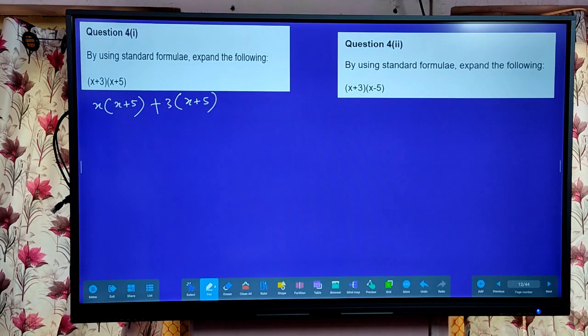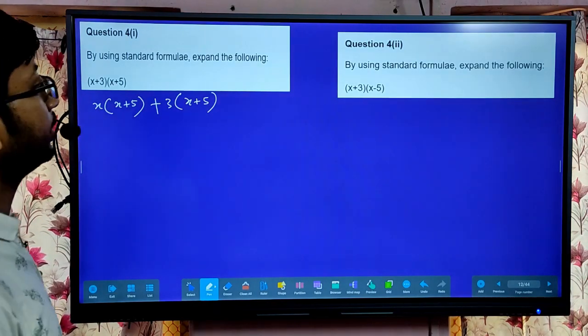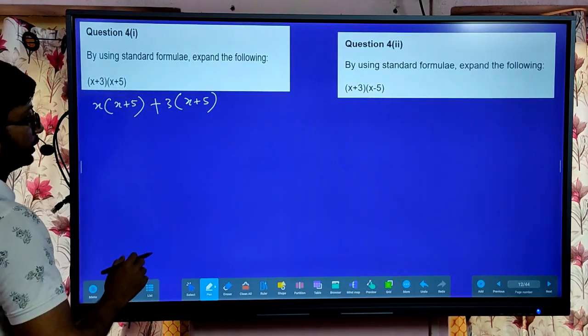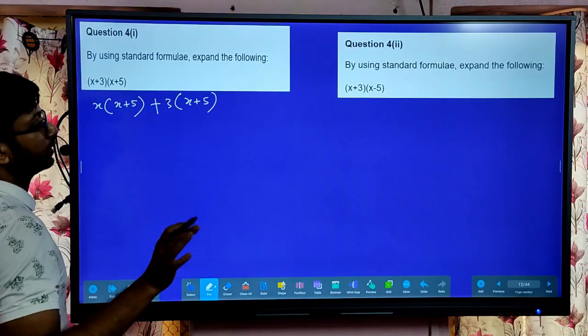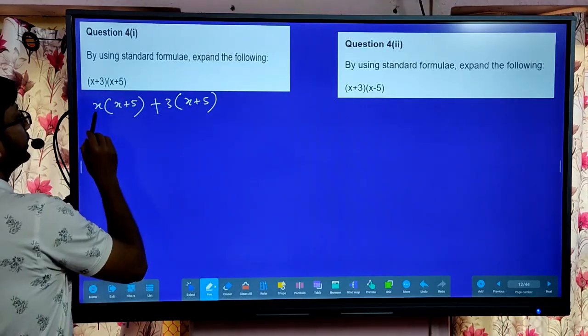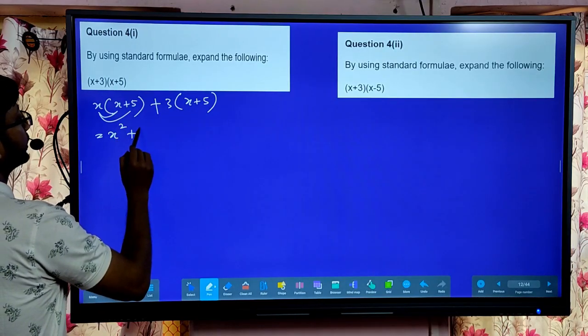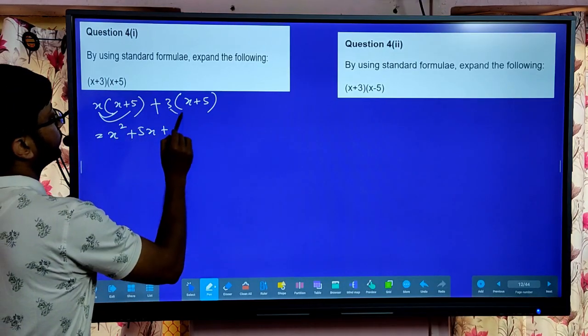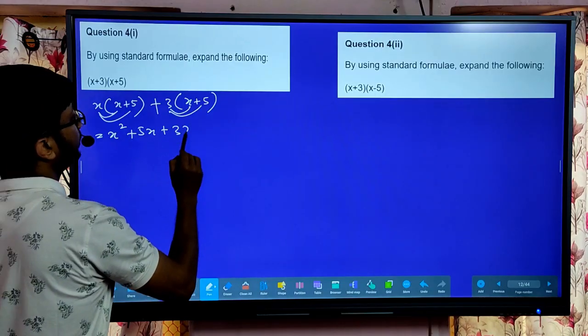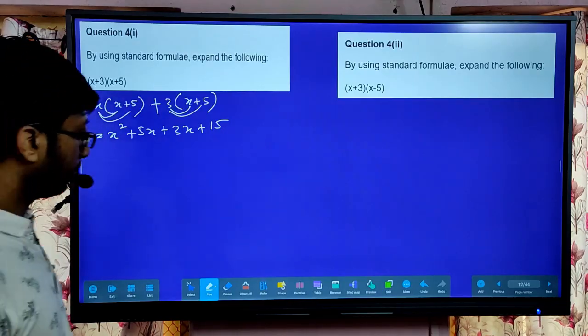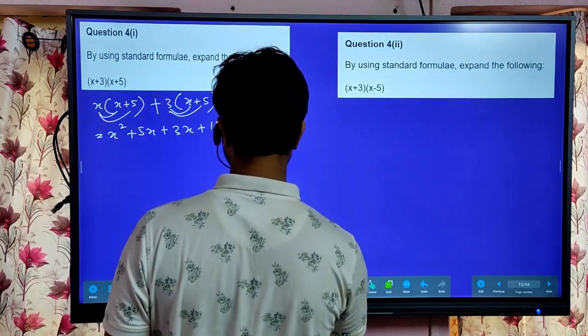In this class we will not do it this way. We will be adopting a formula.